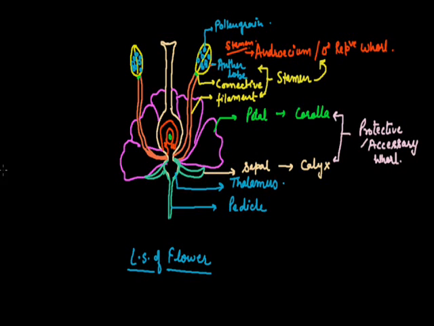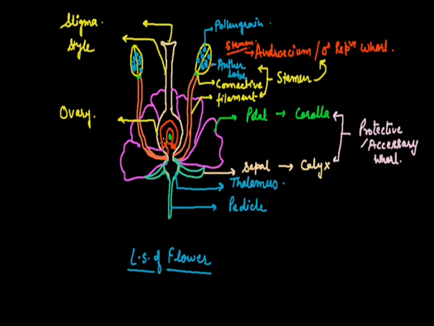The female reproductive part is called the pistil, which has a first paddy structure known as the stigma. Later on, a filamentous or pipeline-like tract is found, which is known as the style. The style ends in a swollen base structure, which is called the ovary or carpel.